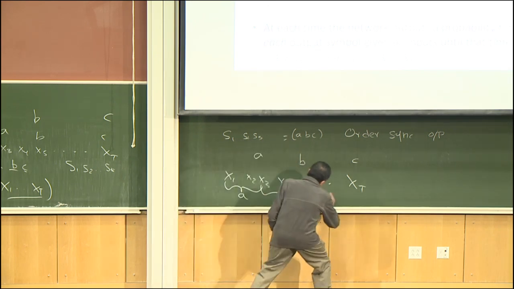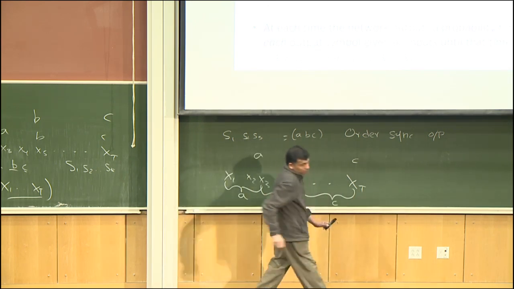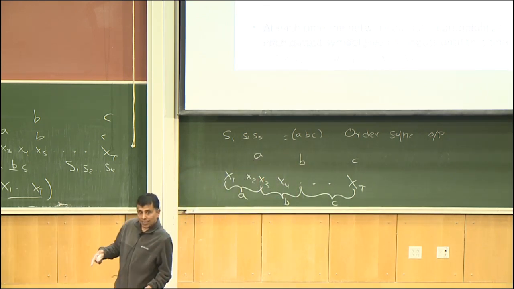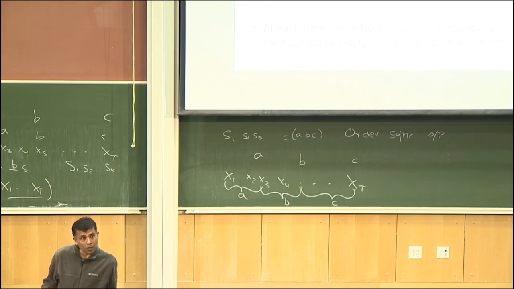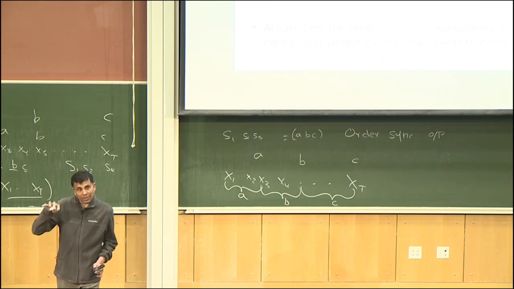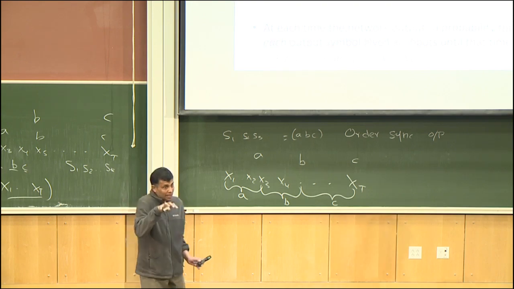And this portion corresponded to the symbol C. So when I find out exactly at what instance the output occurred, then I'm going to call this an alignment of the symbol sequence against the input. Right? I've aligned the symbol sequence and told you exactly at what times each of these symbols occurred.